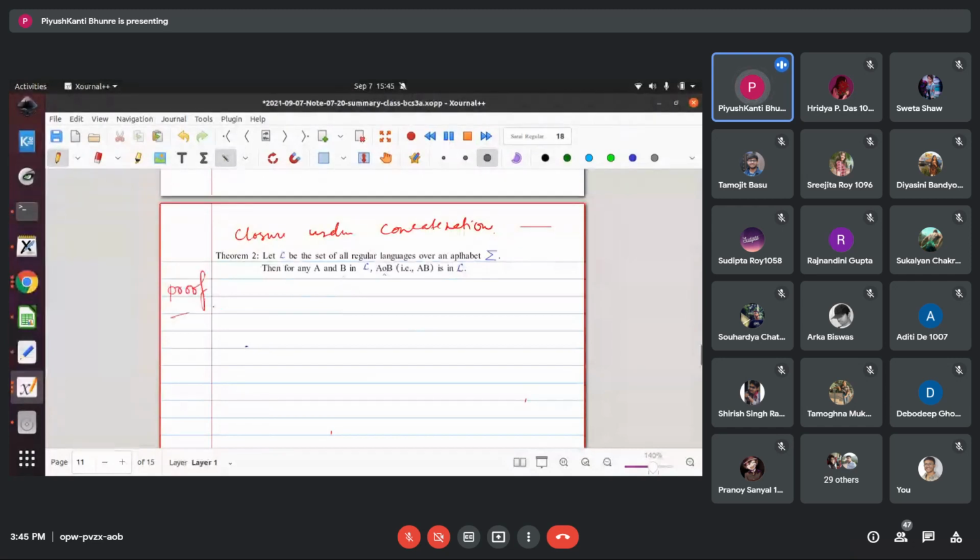So here is the idea that A belongs to L, B also belongs to L, and they are regular languages. That means A is a regular language, B is also a regular language.